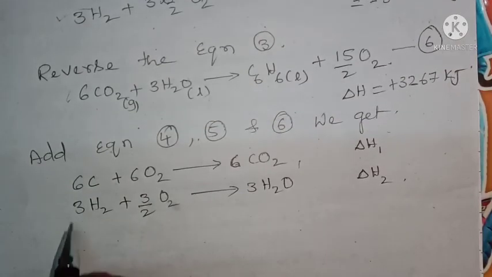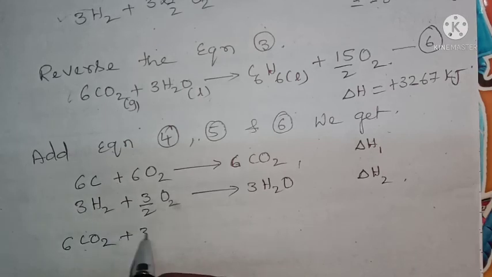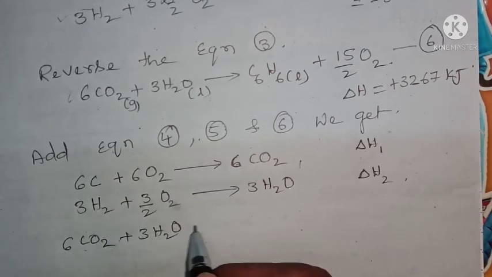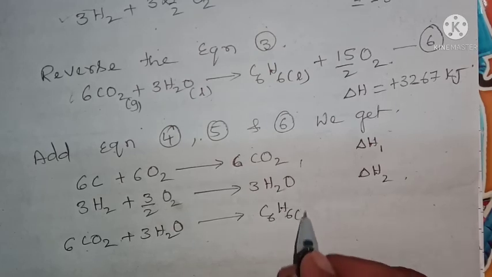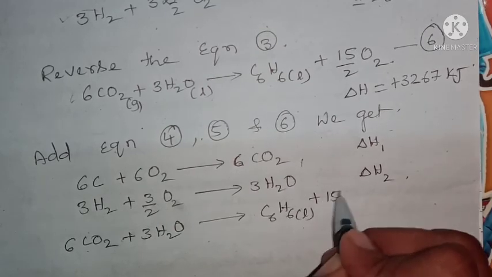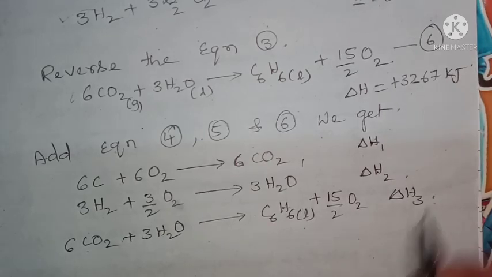Then equation 3, 6CO2 plus 3H2O gives C6H6 liquid plus 15 by 2 O2, and it is delta H3.